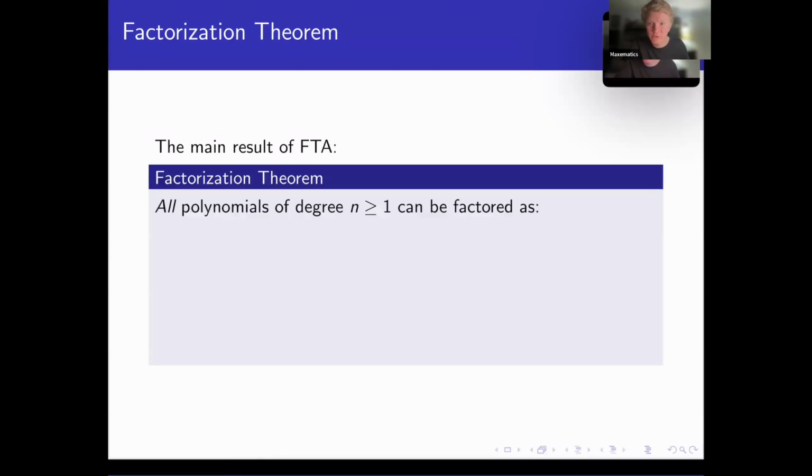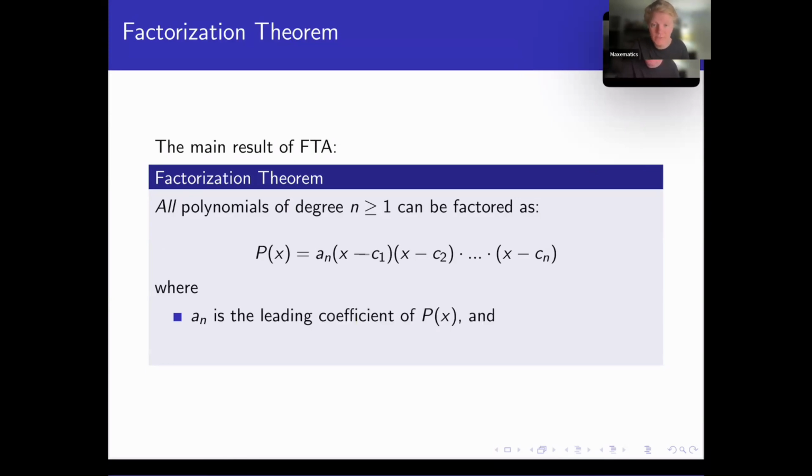But the main result of the fundamental theorem of algebra isn't necessarily that part. It is the factorization theorem. The factorization theorem says that all polynomials of degree at least 1 can be factored as this: P of x equals a sub n times (x minus c1) times (x minus c2), all the way to times (x minus cn). a sub n is the leading coefficient, and the c_i are just non-distinct complex zero factors of P of x.